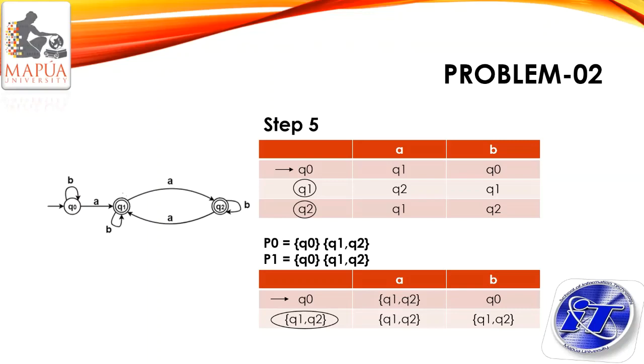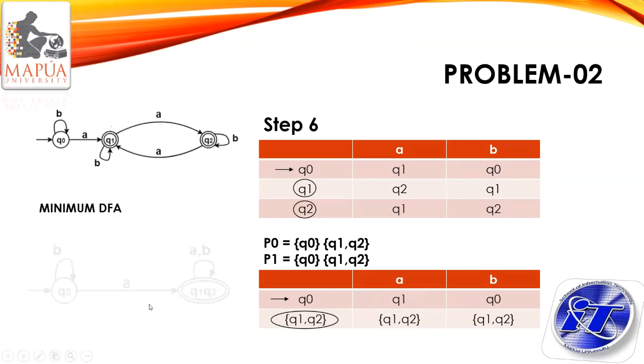If it's B, it will go to Q0. While in Q1, Q2, either value A or B will just loop within itself. So that will be our minimum DFA.